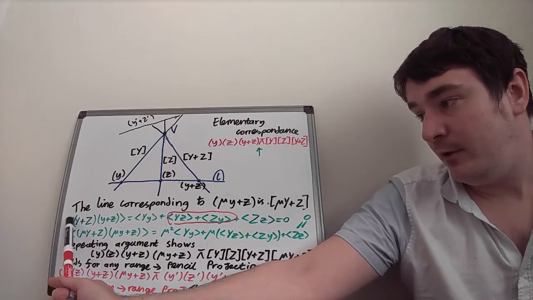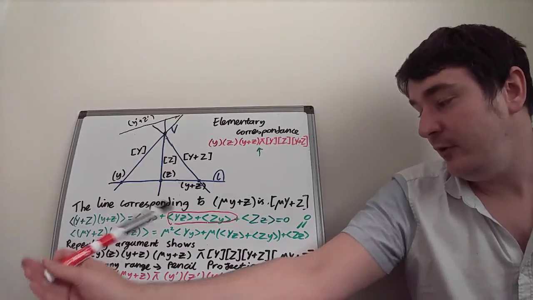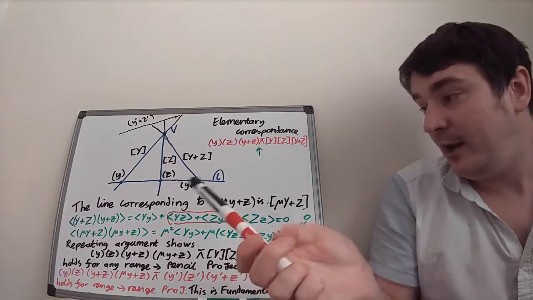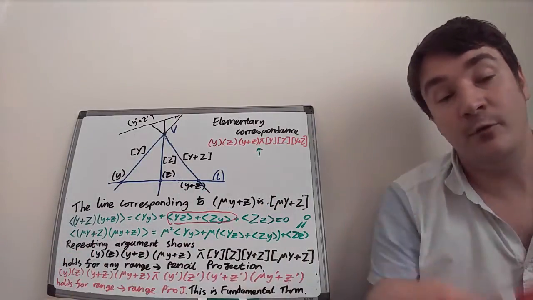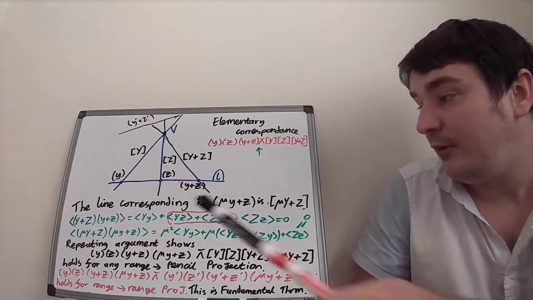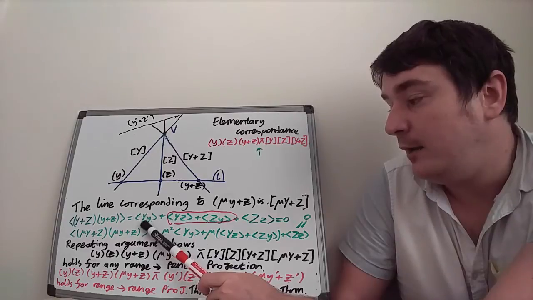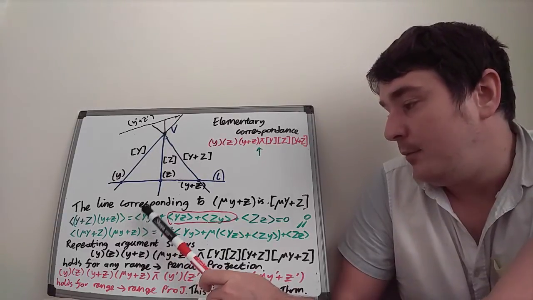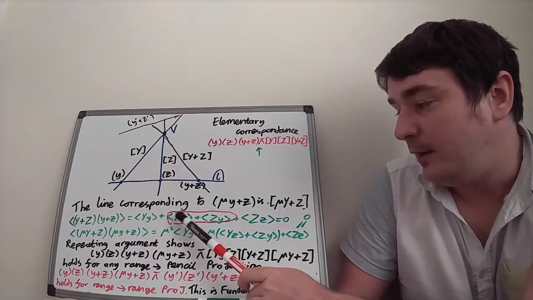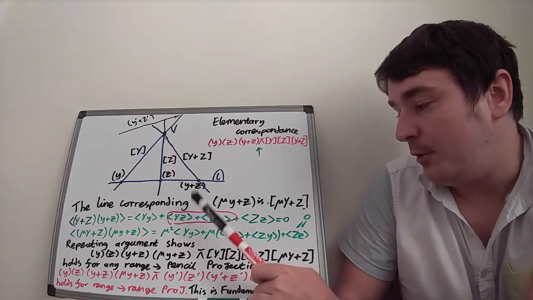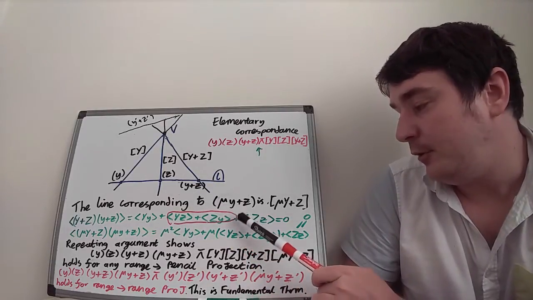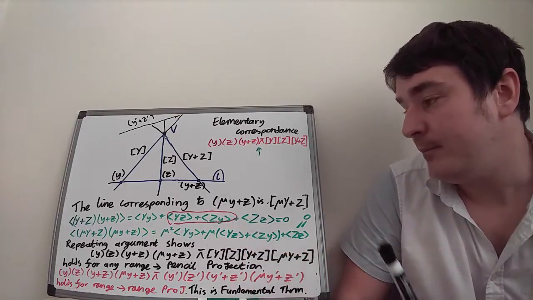So we have that the product of this and this is 0. But we can expand this out to give us some useful algebra. So expanding it out, we get that this is equal to the product of big Y and little y, plus the product of big Y little z, plus the product of big Z little y, plus the product of big Z little z.